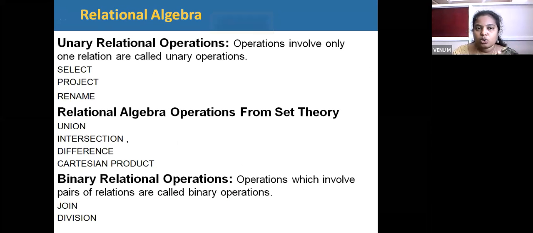What are unary relational operations? Select, project, and rename. Minimum one relation is needed for that. Next, what are the main relational set theory operations? Union, intersection, difference, and Cartesian product. What are the binary relational operations? Join and division.